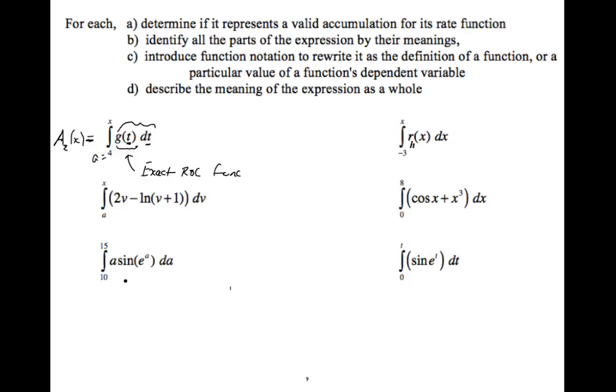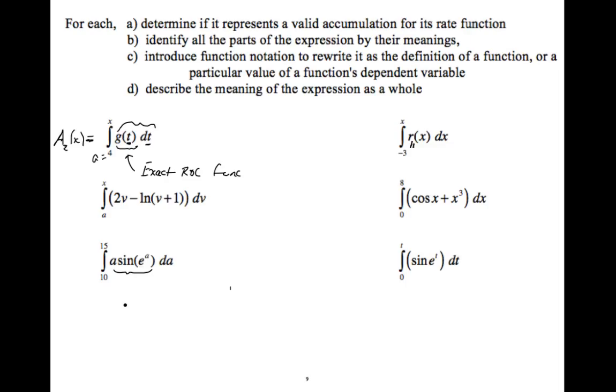No. Okay, it's not a function, but it's a perfectly valid expression. And what does the expression mean? So what is the meaning of that right there? A times sine of e to the a. What is that? That's our rate of change function. So instead of using function notation, now it's putting the rule in there.